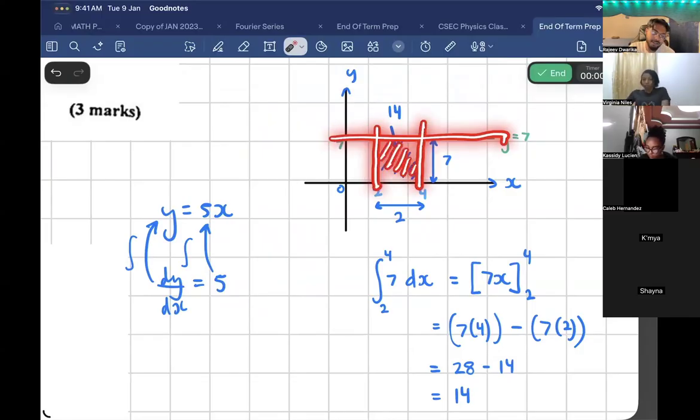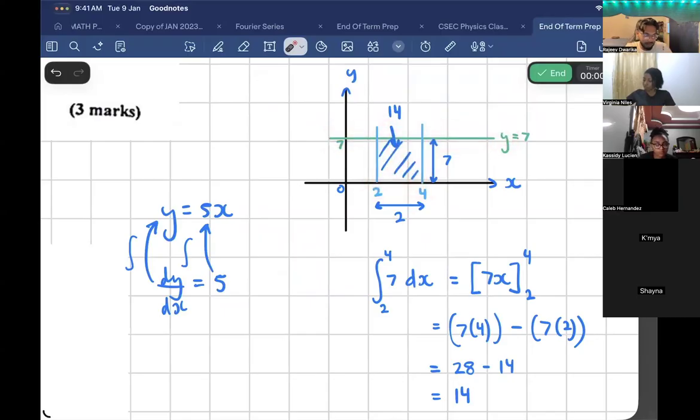So when you integrate, you're actually finding the area between the graph and some limits. And this process is called definite integration. That's what integrations really do. That's the main purpose of integration.